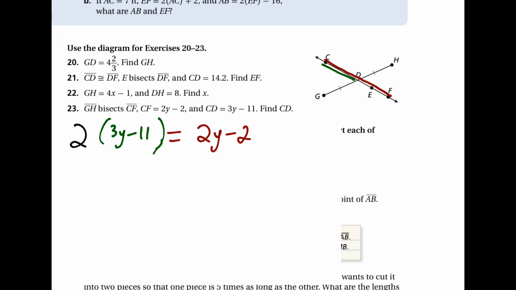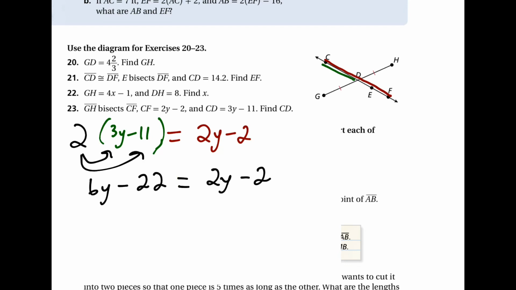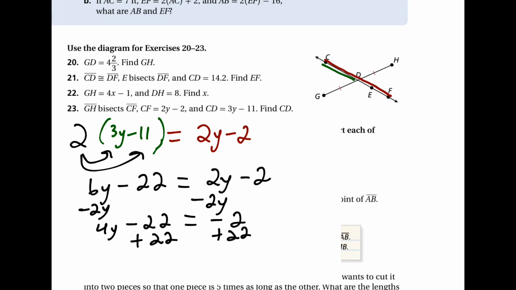If I distribute, take 2 and multiply it by each term inside of the parentheses, I end up with 6y minus 22 is equal to 2y minus 2. I'm going to subtract 2y from both sides. 4y minus 22 is equal to negative 2. Add 22. 4y is equal to 20.